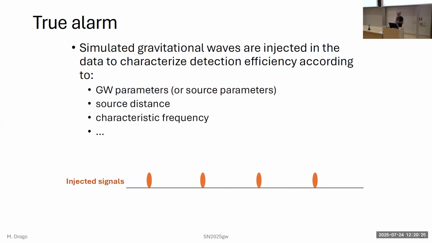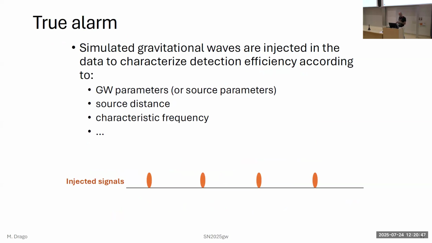So the idea is that when you have a real signal and your decision rule says that it is there. How we do that, in principle, is easy: you make some fake signal in your data. It can be a supernova signal, whatever type, or also a compact binary coalescence, depending on what you are interested in.